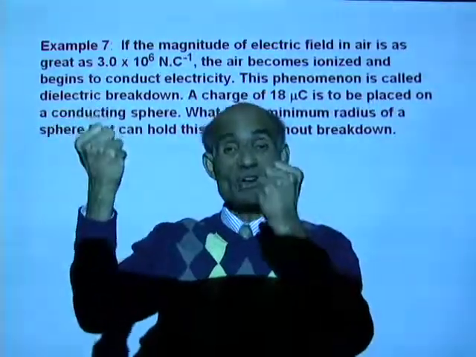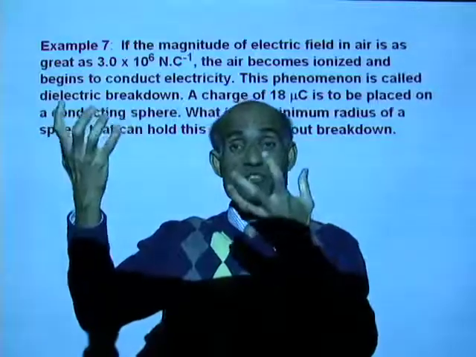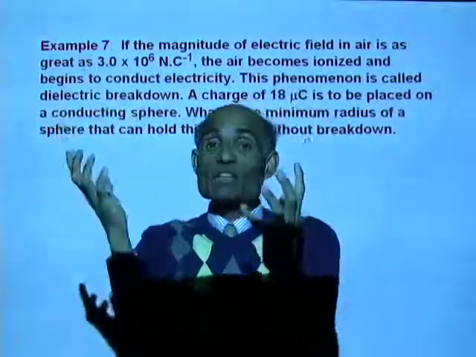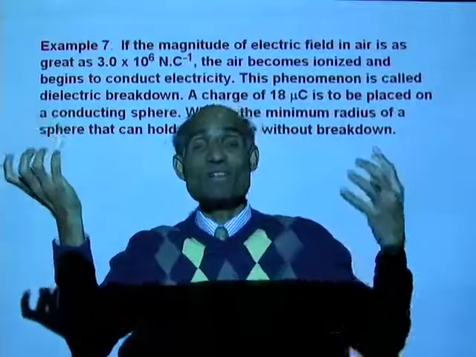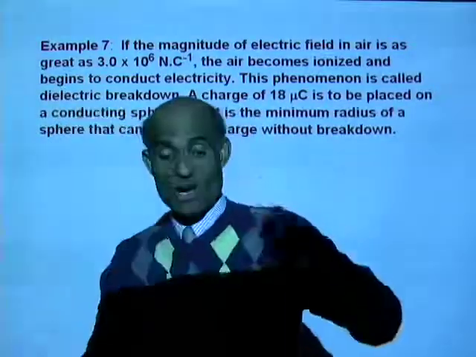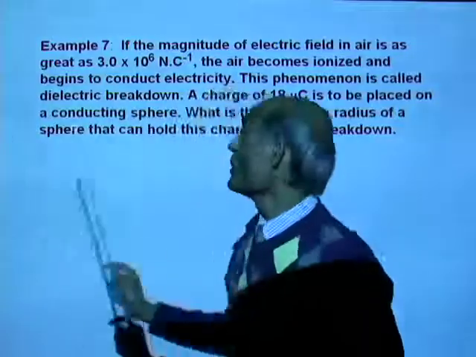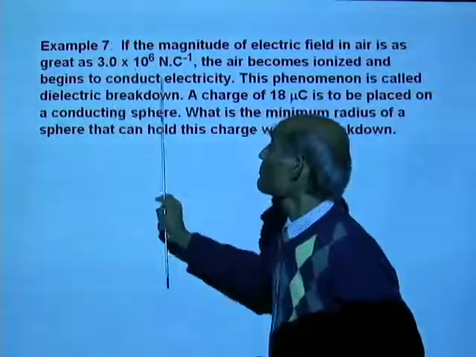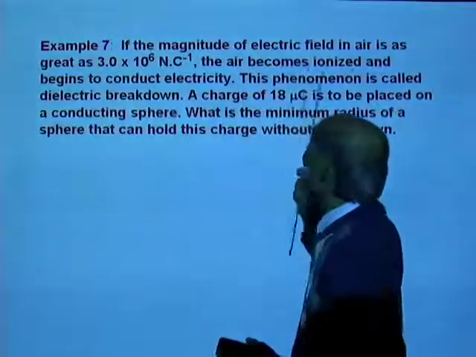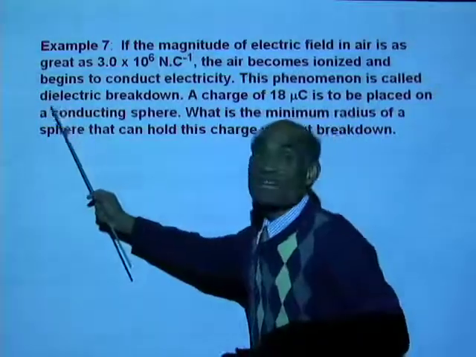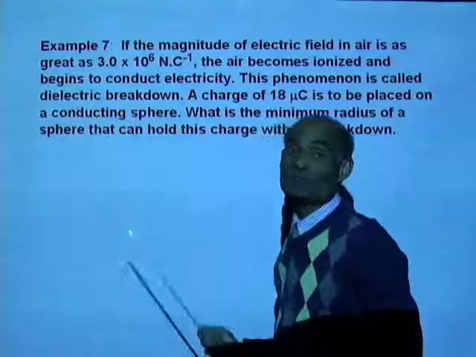They are called ions, and they are free charges. Now, when air contains free electric charges, it becomes a conductor. You see, it can now allow electric charges to flow through. Now, this high electric field will produce ionization, which results in the dielectric breakdown.